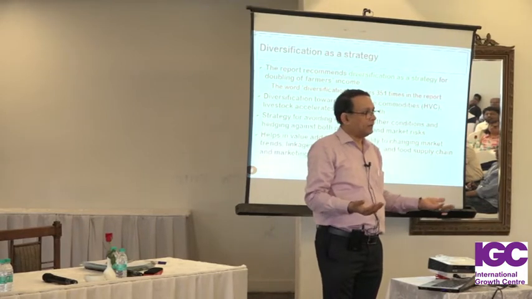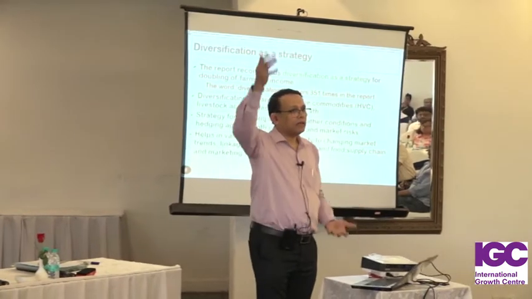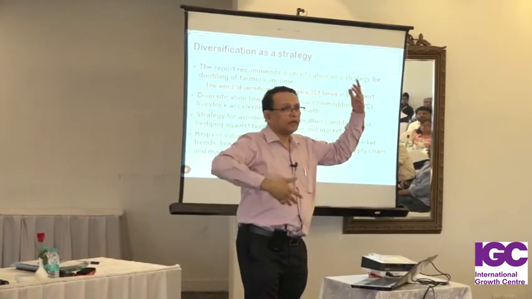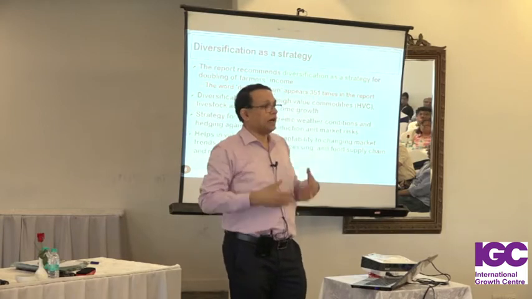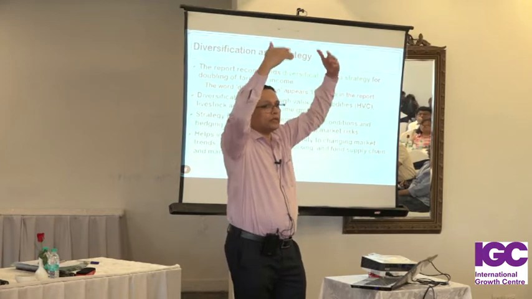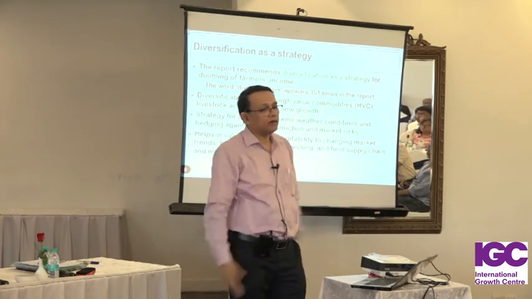You often find the price of one good rising, the other one falling. At a different time this will rise and the other one will fall, and so on. So they are fluctuating, but at any given point in time they all don't go up together or come down together.